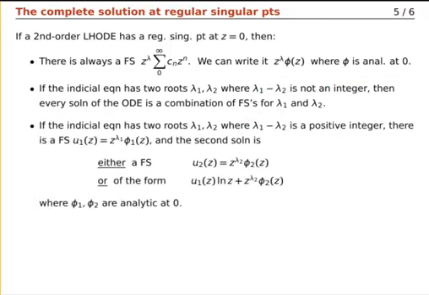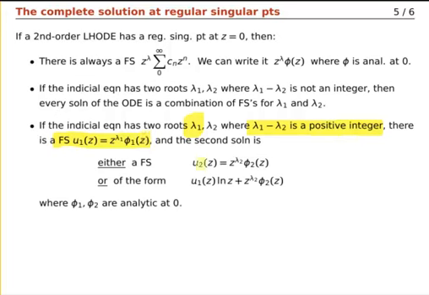And things are a bit more complicated if the difference between the roots is an integer. We're going to define lambda 1 to be the larger of the two roots, so that lambda 1 minus lambda 2 is always positive. Then if it's a positive integer, there is always a Frobenius solution using the larger of the two roots, lambda 1.